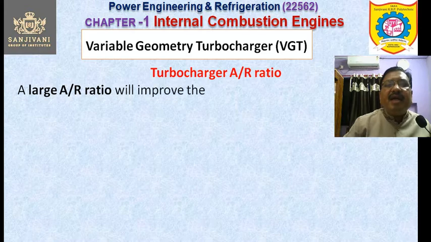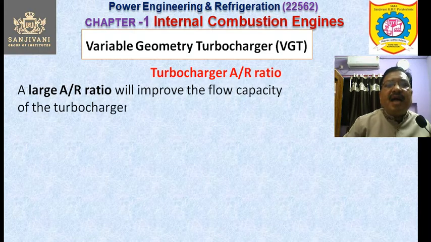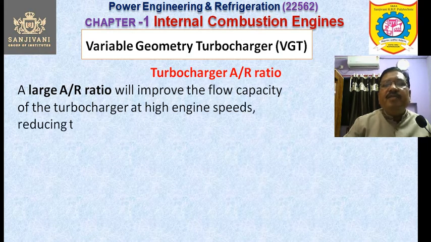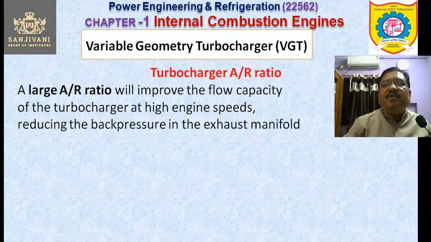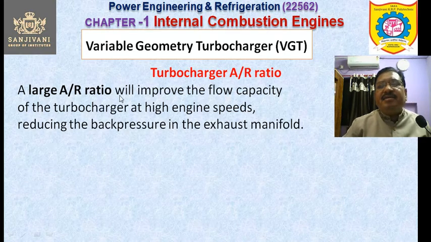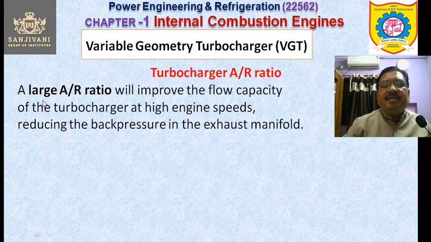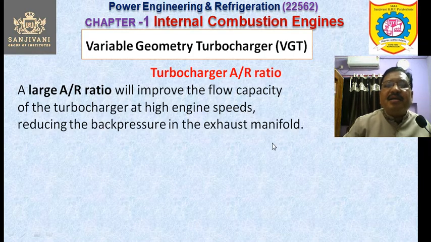Now if the AR ratio is increased, a larger AR ratio will improve the flow capacity of the turbocharger. The velocity may not increase by increasing the AR ratio, but the flow capacity will be increased at high engine speeds, and this will reduce the back pressure in the exhaust manifold.